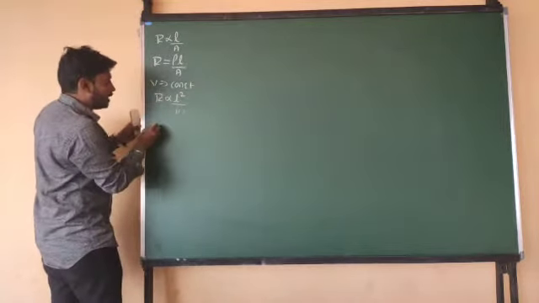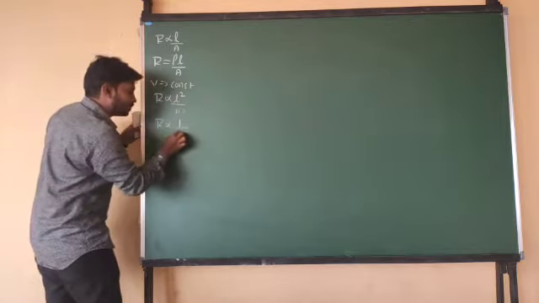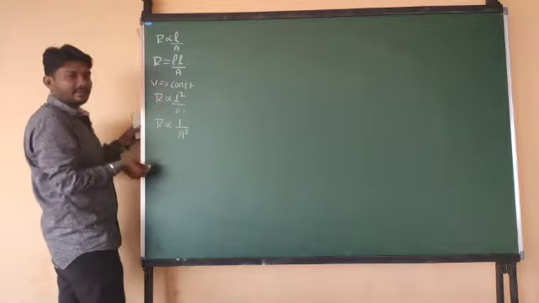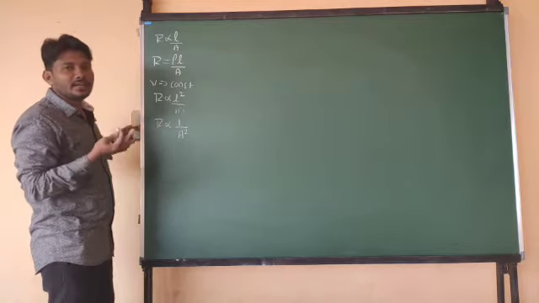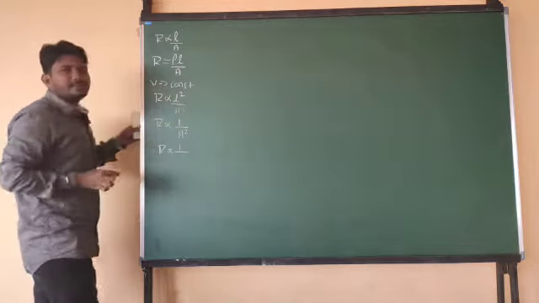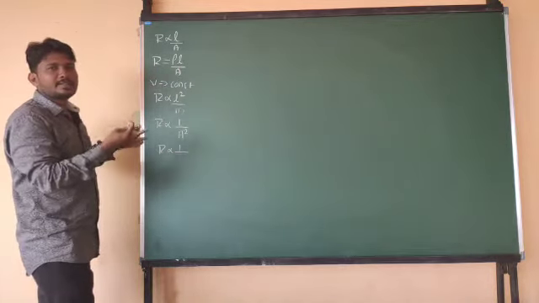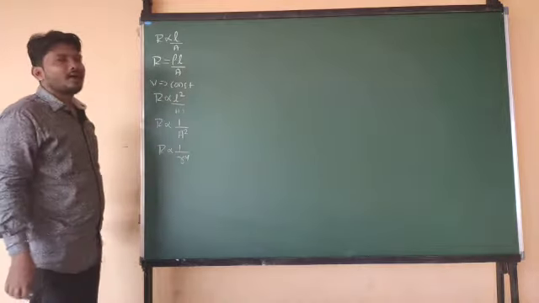And for constant volume, resistance is inversely proportional to the square of its area. In terms of radius, area means pi r square, area square means pi square r to the power of 4, so resistance is inversely proportional to the 4th power of its radius.